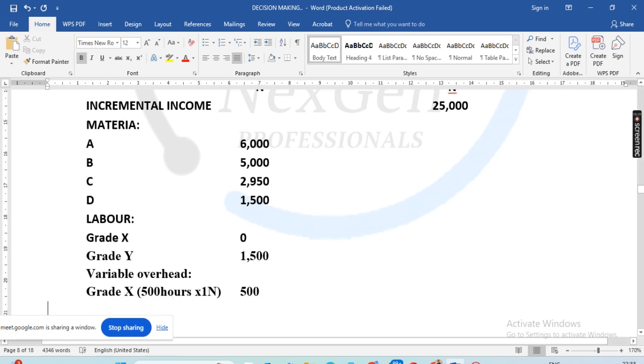Grade Y, we require 200 hours because it is active hour. Active hour means the hour you use to work, 1 naira, and this is 200.